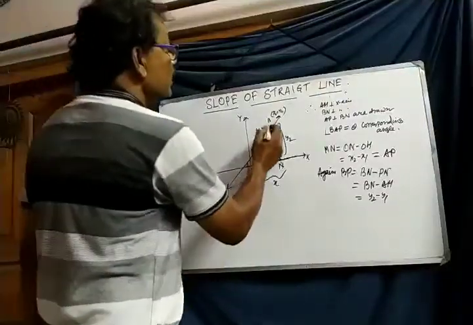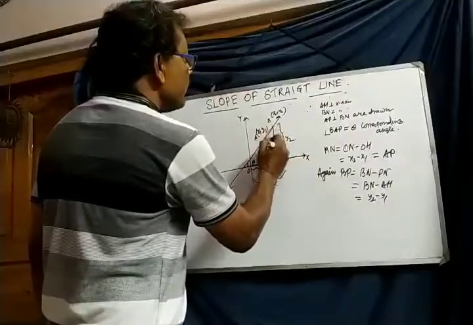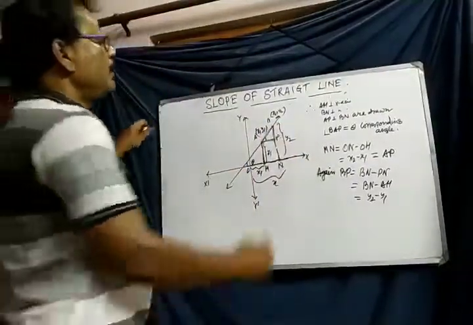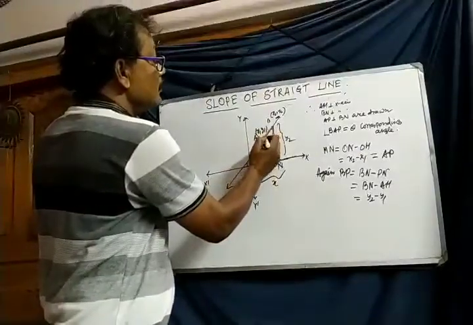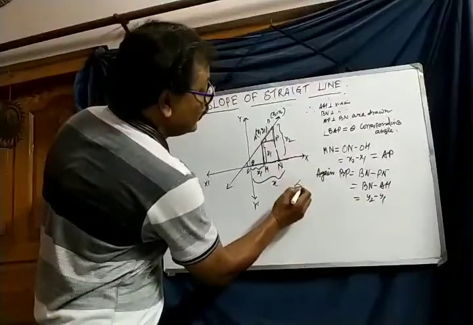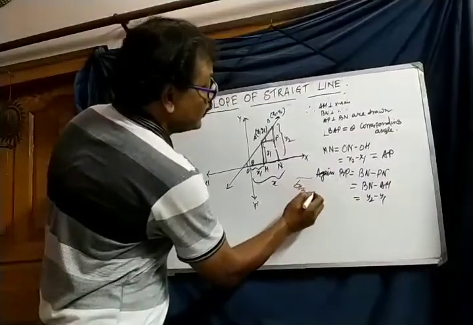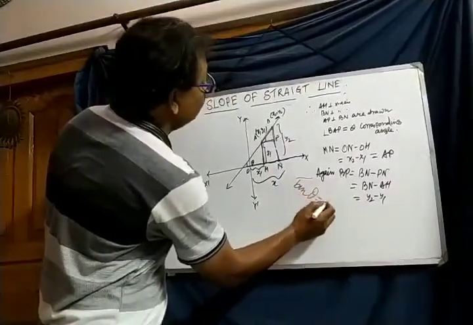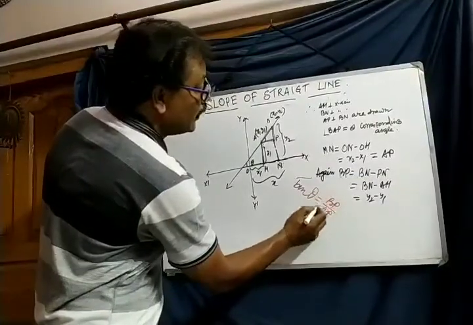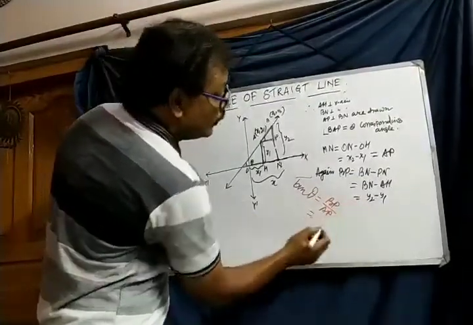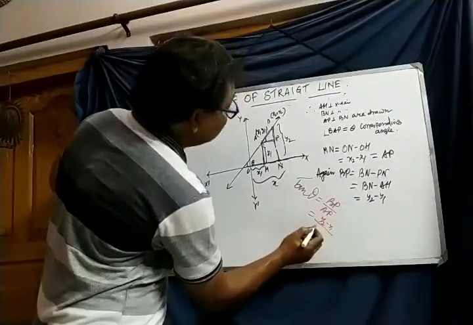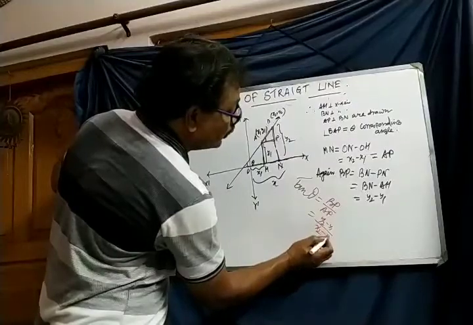Now in triangle ABP, the red marked triangle ABP, this angle is theta. Therefore tan theta is equal to BP by AP, which is y2 minus y1 by x2 minus x1.